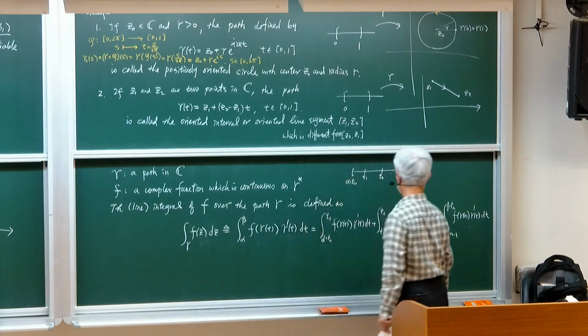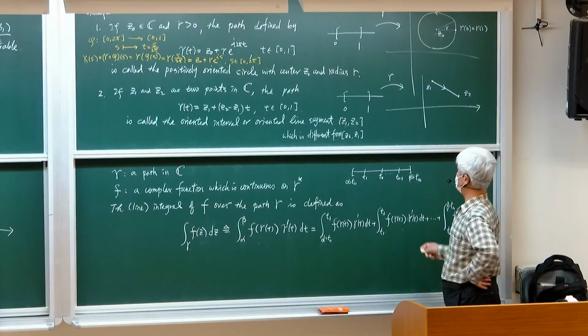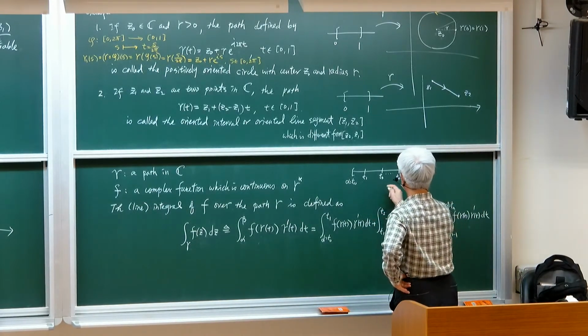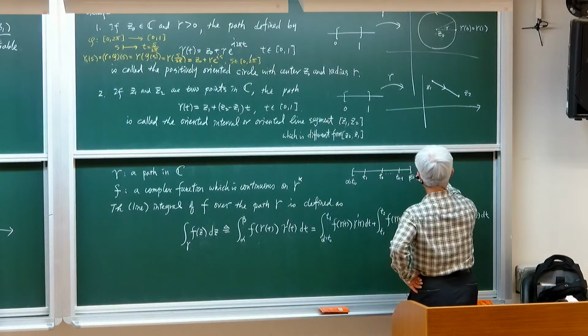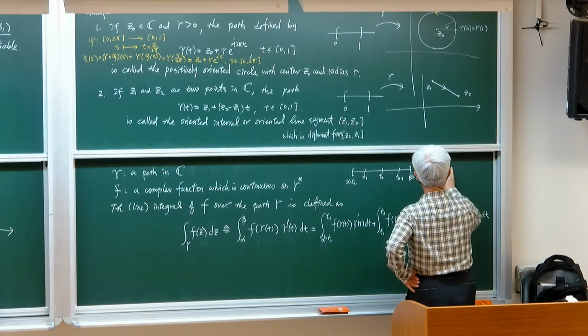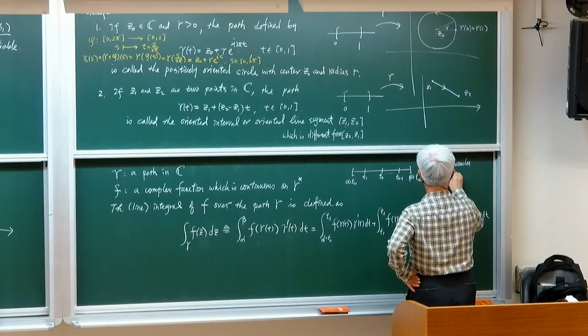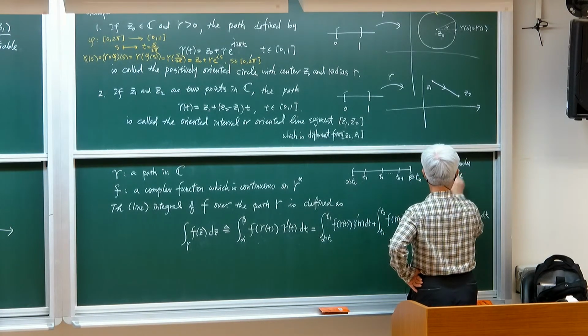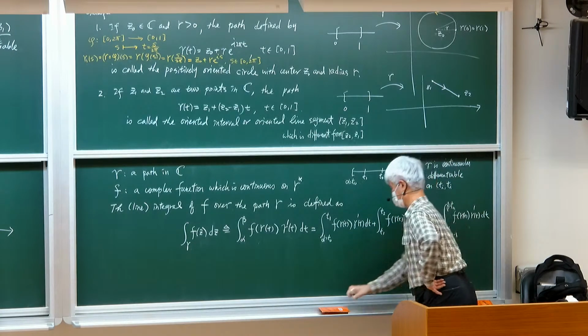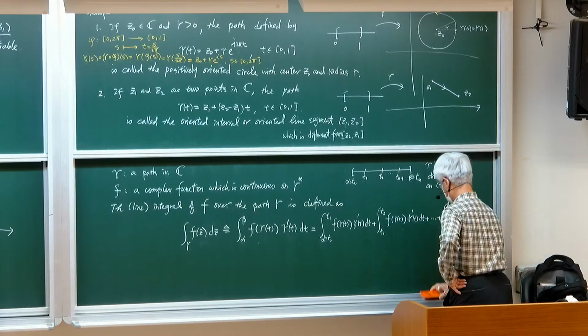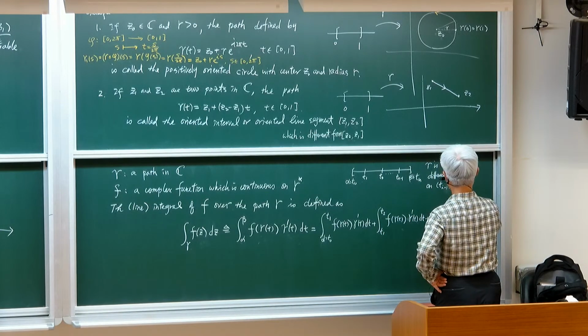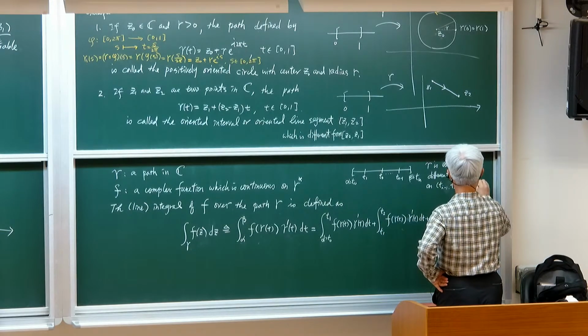So here, gamma is continuously differentiable on [T_{i-1}, T_i] for i from 1 up to n.